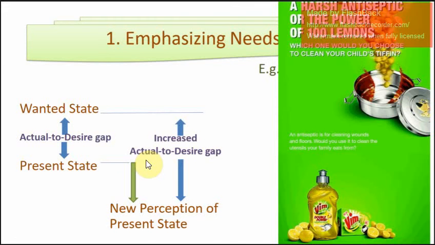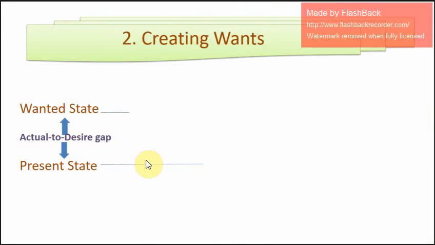Let us take the second example, of creating wants. For creating wants, we have to create a new wanted state. So again, when our new wanted state is higher than the consumer's current perception, the actual to desired gap again increases.